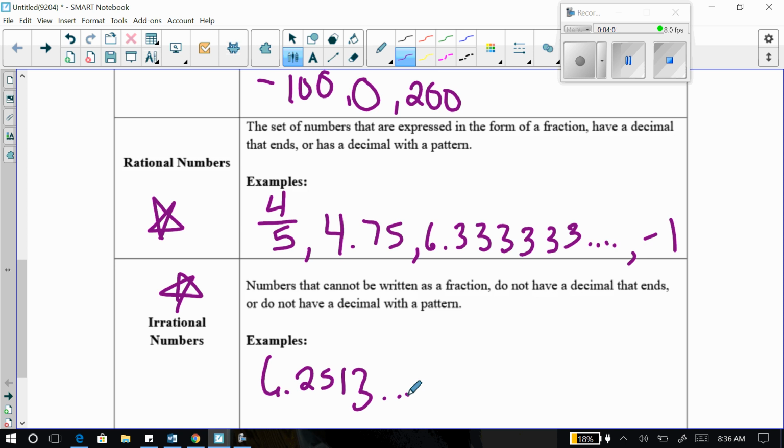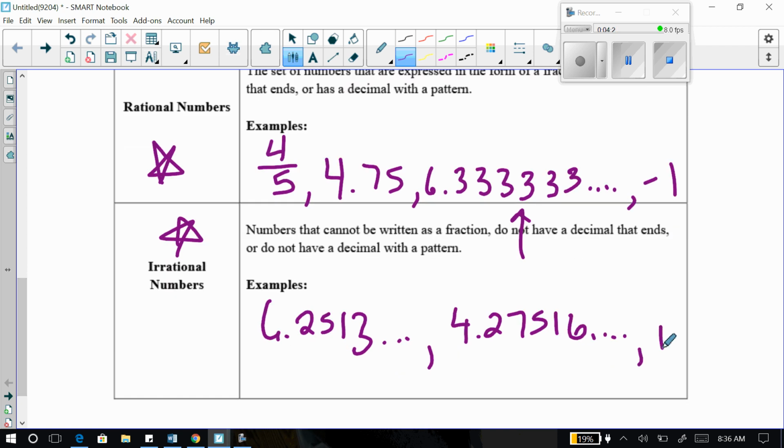Something like 4.27516 dot dot dot is irrational because the decimal does not end and does not repeat. The most famous irrational number we've talked about is pi, 3.1415, and that's as much as I know, but it's a number that goes on and never repeats or ends.